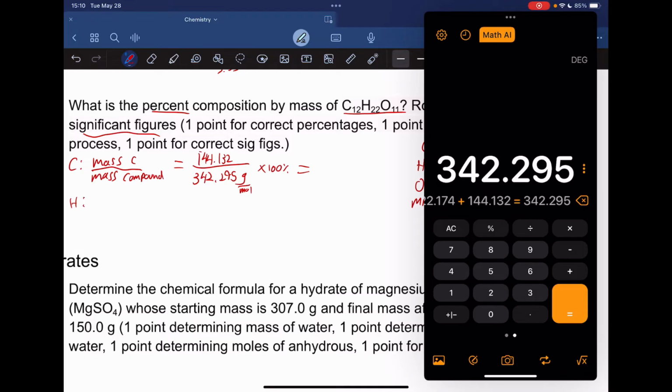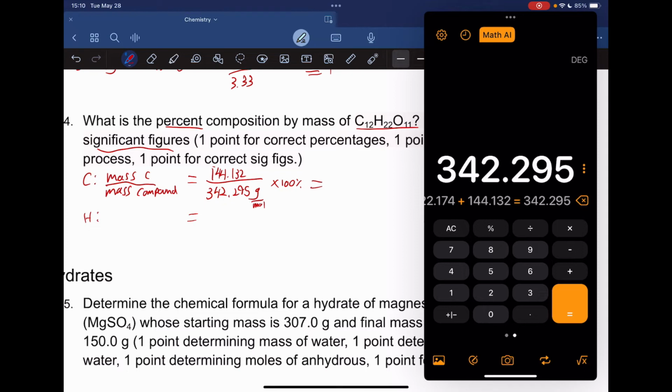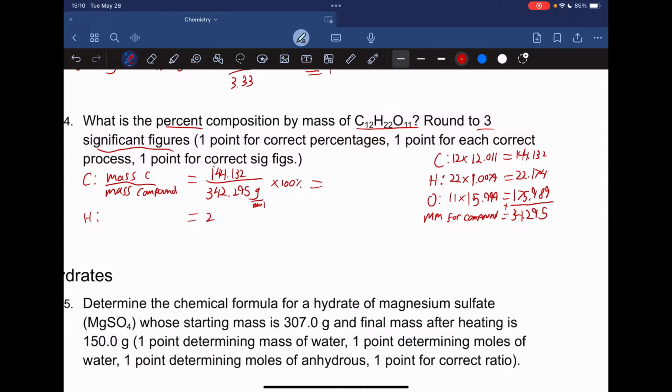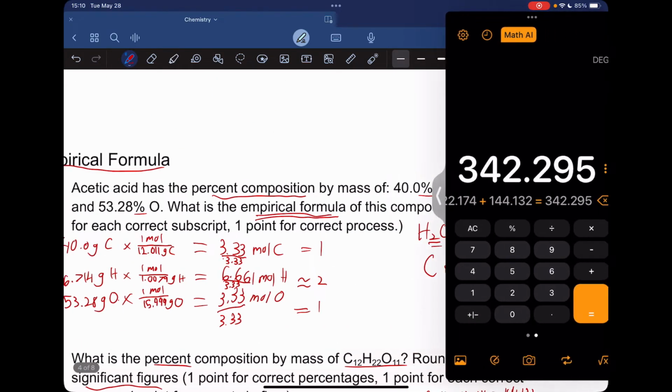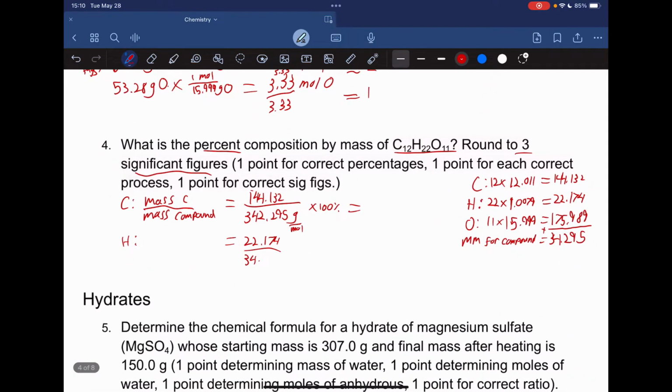All right, let's do the same thing for hydrogen. So I'm going to skip that step. Hydrogen, we have 22.174 divided by 342.295.